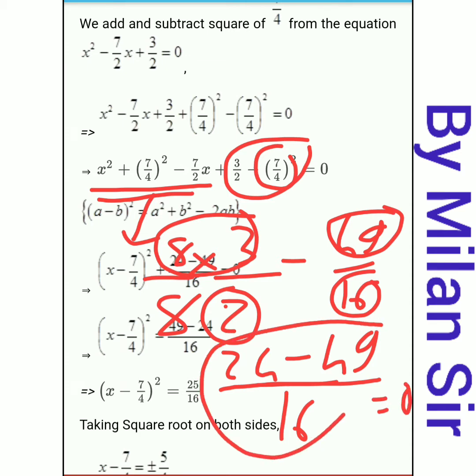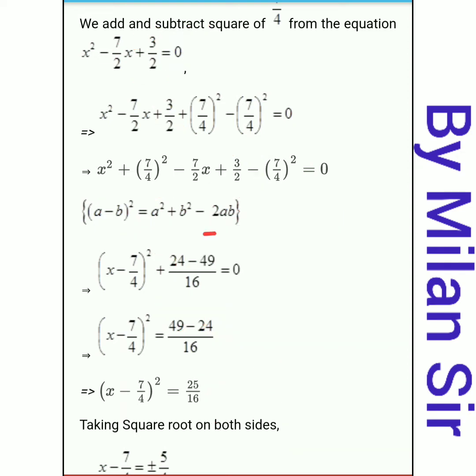Now what is the answer of this? In the numerator, 24 minus 49, plus and minus, minus; 49 minus 24 is 25, the bigger number's sign is negative, and in the denominator we have 16. So minus 25 by 16. So the answer of these two terms is minus 25 by 16.